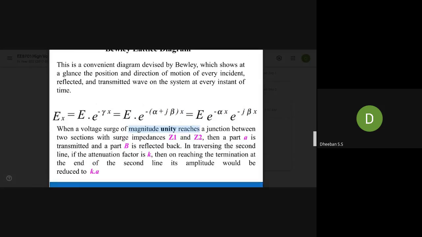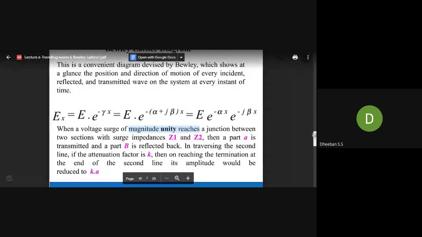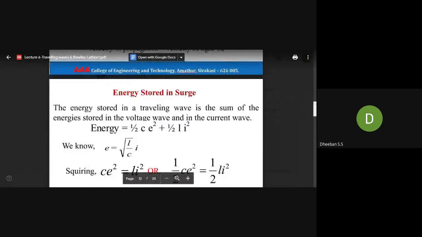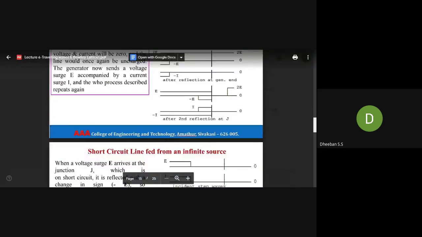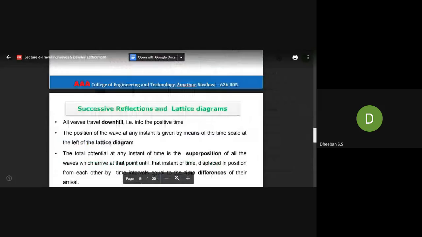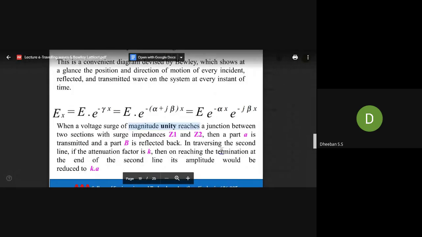Next, when a voltage surge of magnitude unity reaches a junction between two sections with surge impedances Z1 and Z2, we are dealing with the same diagram, then a part A is transmitted and a part B is reflected.